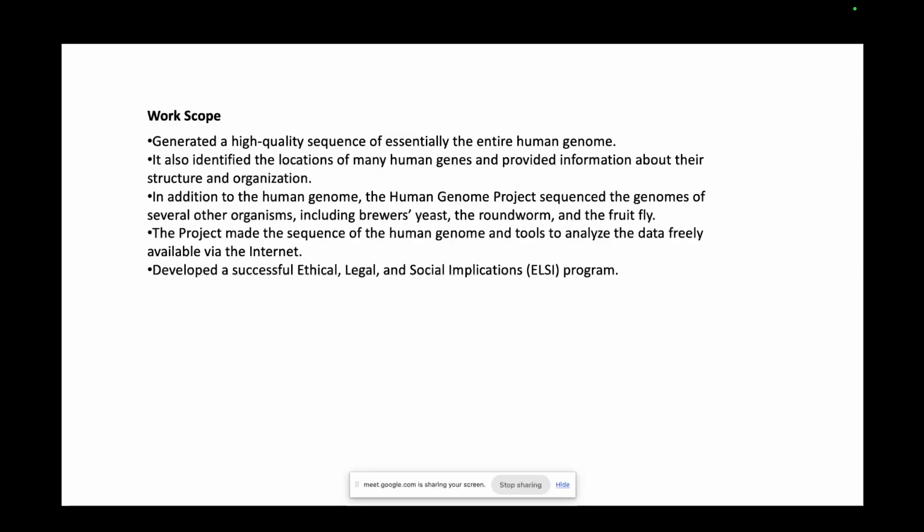So what did it do? It generated almost 98 to 99% of the entire human genome.